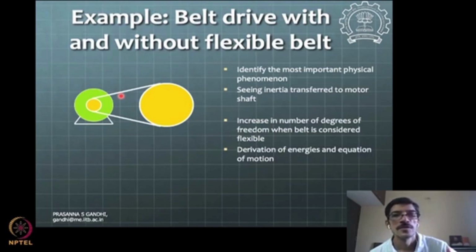This is the additional part that we'll have: the previous kinetic energies and this additional potential energy of the belt. Then we can use the Lagrange formulation and derive the equations. You can do this part as your work here.